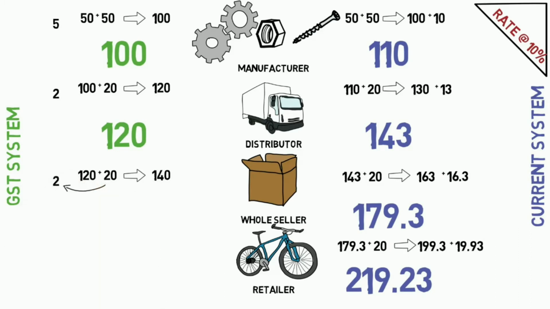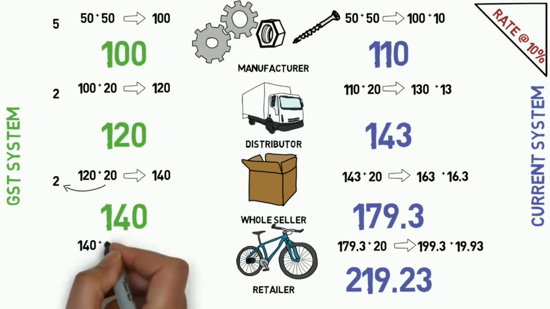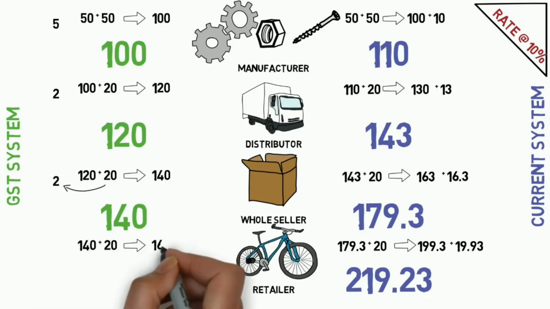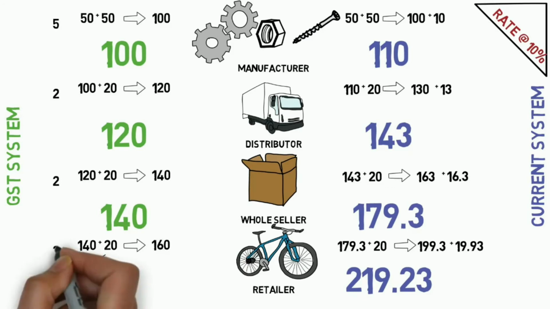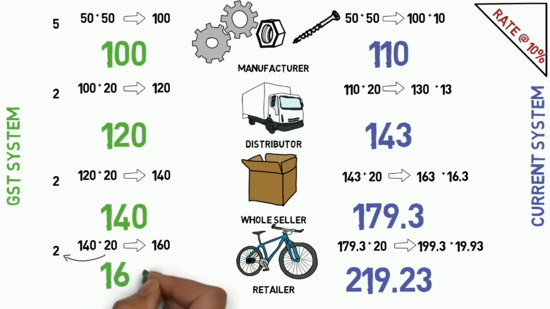The retailer buys the product for 140 rupees, adds profit of 20 rupees, pays the taxes of 2 rupees on his profit of 20 rupees and raises the final consumer price to 160 rupees. So if the prices are compared, the product is 59.23 rupees cheaper in the GST system than the current system.